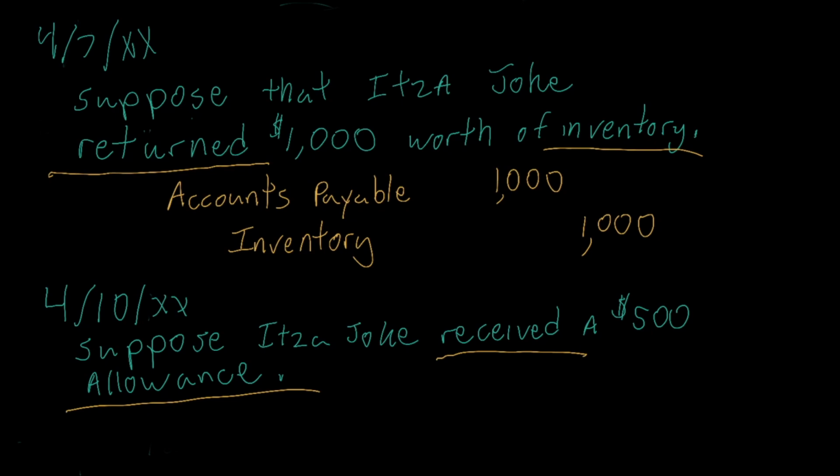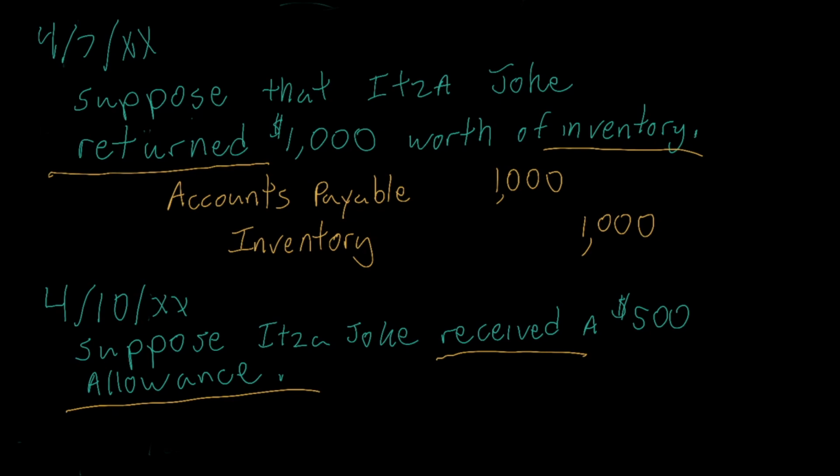We know when we make a purchase return, we literally return the physical goods back to the seller. But when we are given an allowance, it still reduces the cost of inventory. Even though we still have the goods physically, our cost of inventory has been reduced.